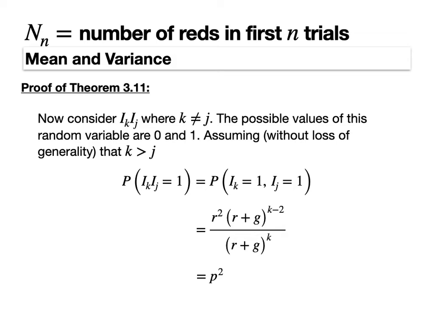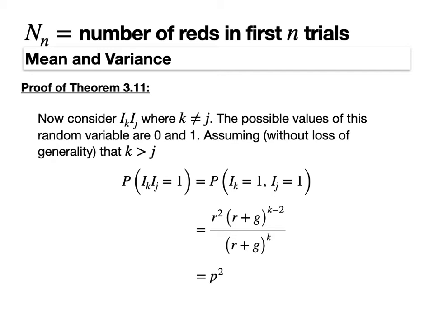So how many ways can that occur? Well, we'd have R choices for the kth red ball. We'd also have R choices for the jth entry, which is supposed to be red. And then for all the other k minus 2 entries, they can be any color whatsoever. And so we'd have R plus G choices for each of those.